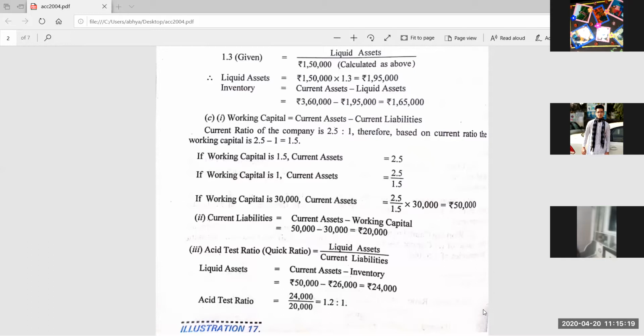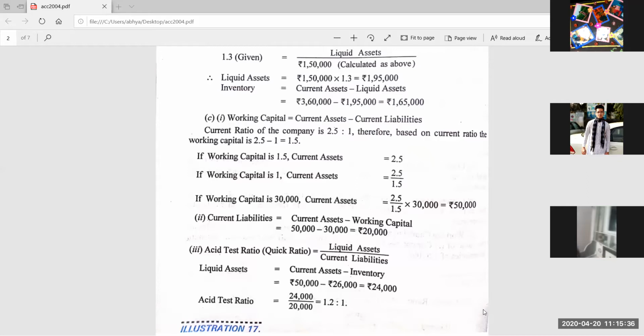Working capital is equal to current assets minus current liabilities. So the current liabilities are 20,000. You can match your answer.